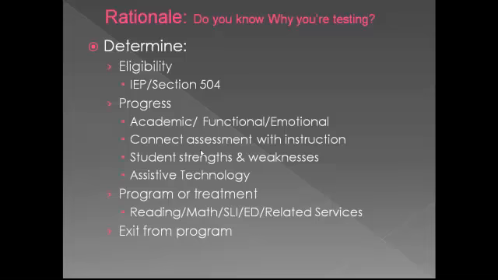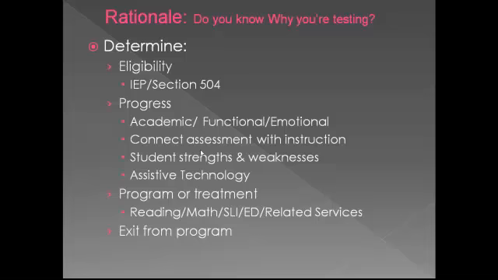And many people believe that it's only for eligibility, but that's only part of the puzzle. We have eligibility for IEPs. If they do not qualify for special education services, they might qualify as a student with a Section 504. But I'm primarily going to go over the IEP sections of eligibility.